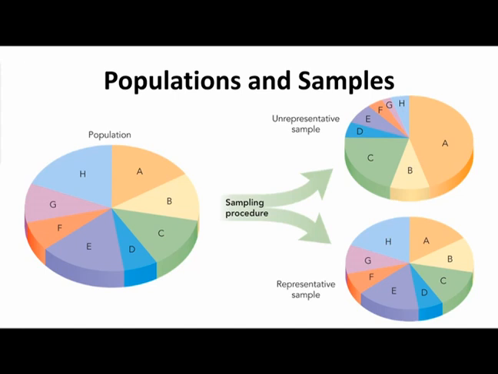Because there's a random event deciding who gets to be part of our sample, our sample should match the distribution of our population. We should end up with a representative sample.